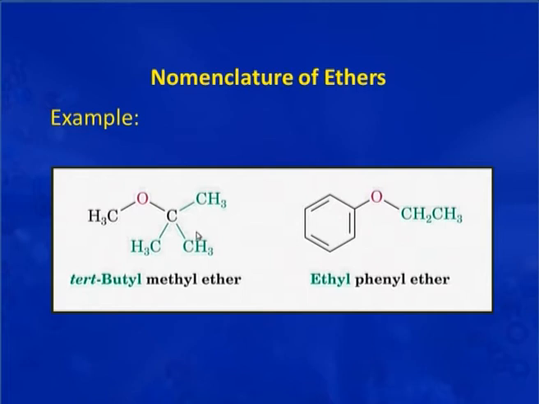Again, tertiary butyl is alphabetically preferred over methyl, and that is why the name of the ether is tertiary butyl methyl ether. Here in the second case, we have an ethyl group on one side of oxygen and a phenyl group on the other side. Ethyl comes before phenyl, that is why ethyl phenyl ether is the name of this molecule.